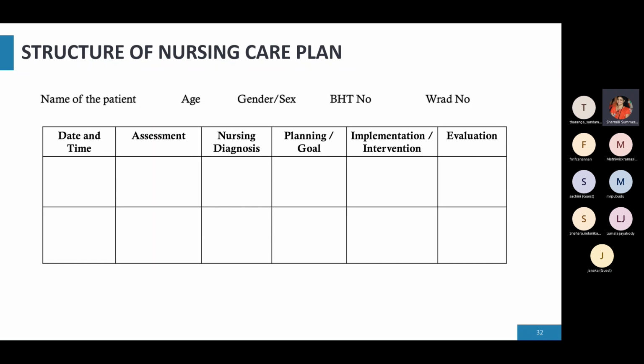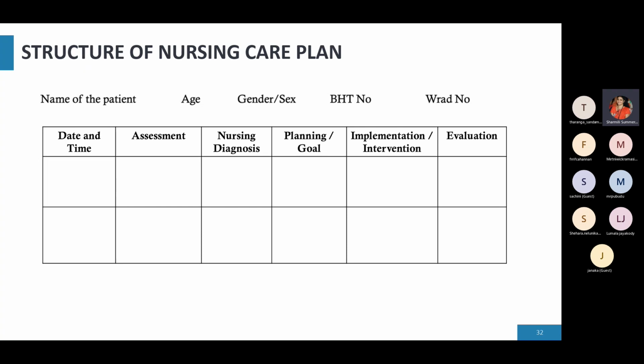So what is the problem of the patient, why that problem happens, and as a nursing officer, how you identified it. For example, the patient is telling, I am having a severe pain in my hand. So we write, pain. The pain occurs due to the injury, or sometimes after the surgery the patient may have pain.